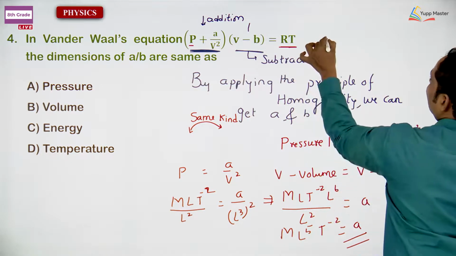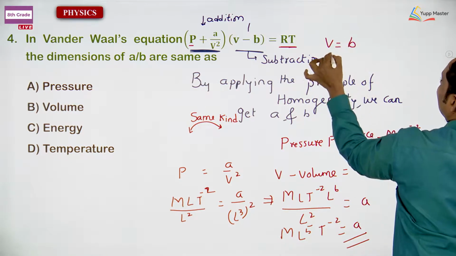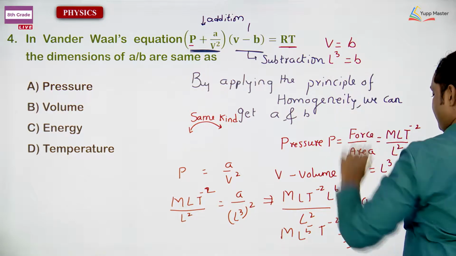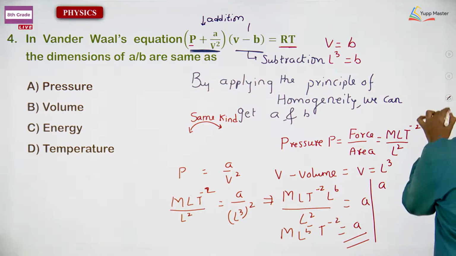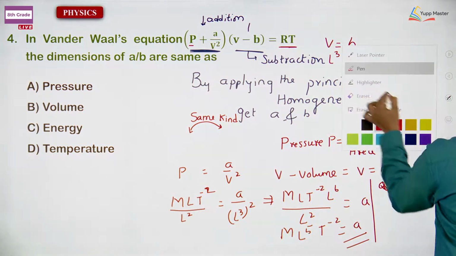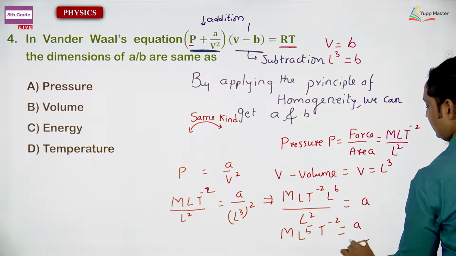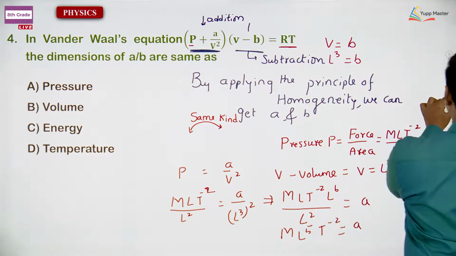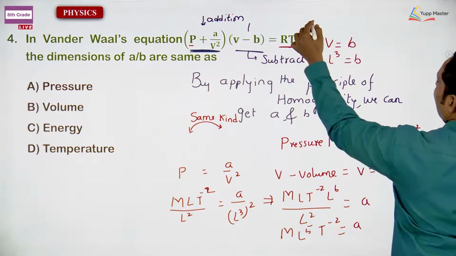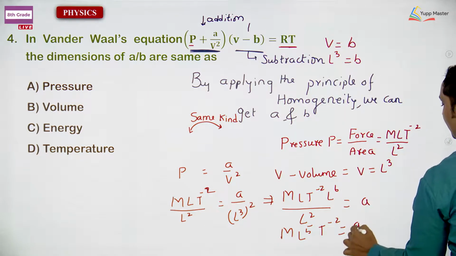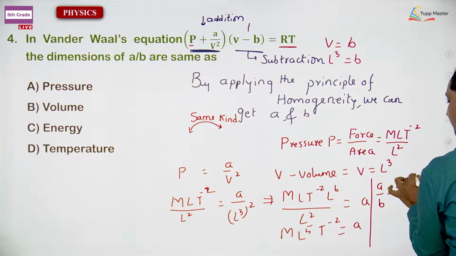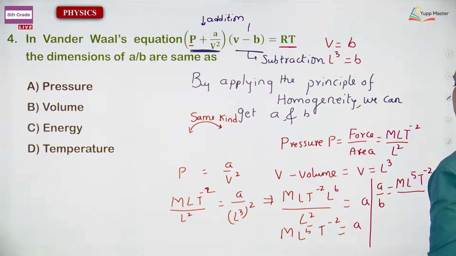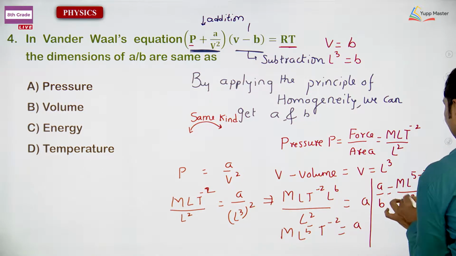Now, you are getting V is equal to B, that is L cube is equal to B. Therefore, your aim is A by B. You are going to get, therefore, A by B is equal to m L power 5 T minus 2 whole upon L cube.